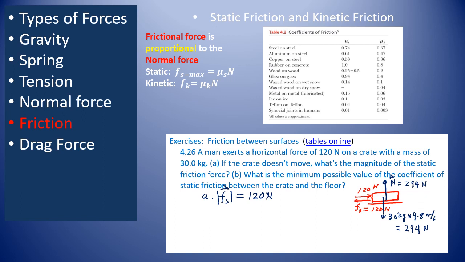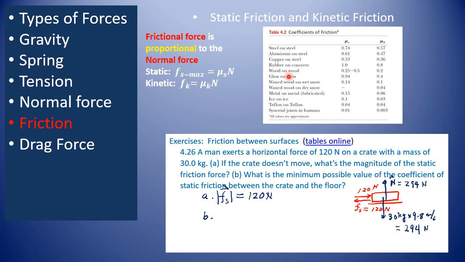Now, part B. This one is actually a bit trickier, because you think, when you want to know the friction coefficient, usually it's a measurement that depends on what kind of surface it is, like ice on ice, ice and wood, glass to glass, and rubber on concrete.